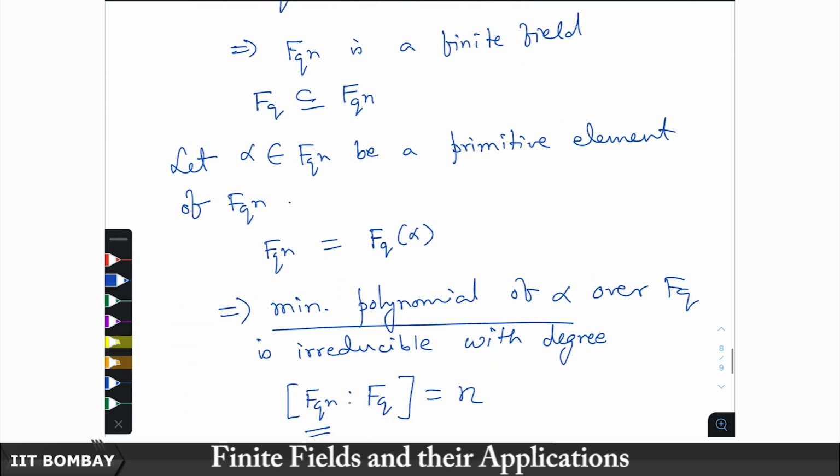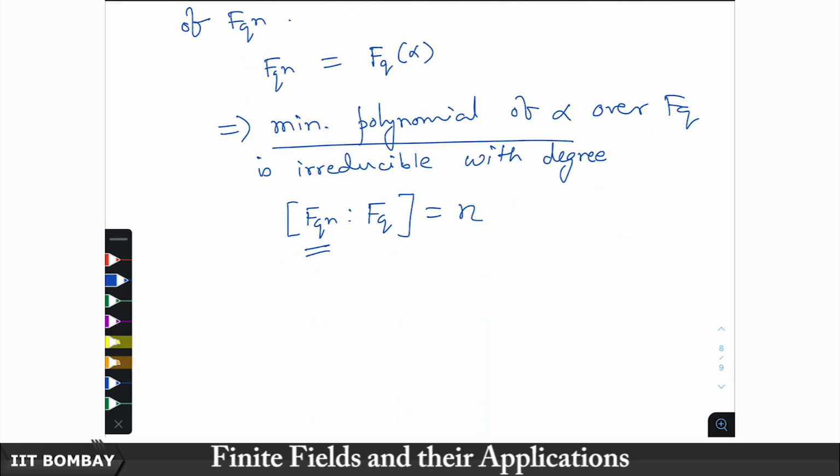In particular, if we take the finite field Z p, whose existence we already knew, then for any positive integer n, there is an irreducible polynomial of degree n over Z p. And we can use such an irreducible polynomial to extend Z p to get finite fields of any prime power order.